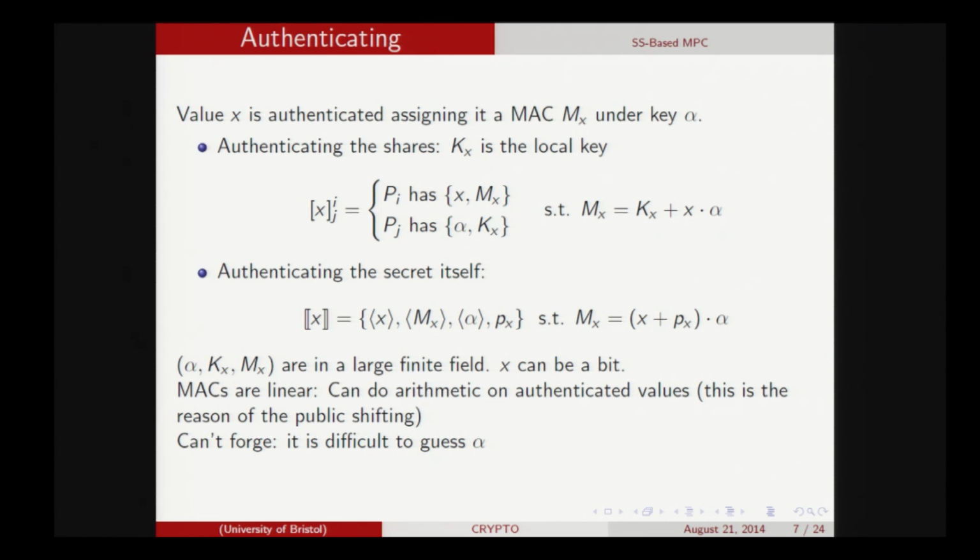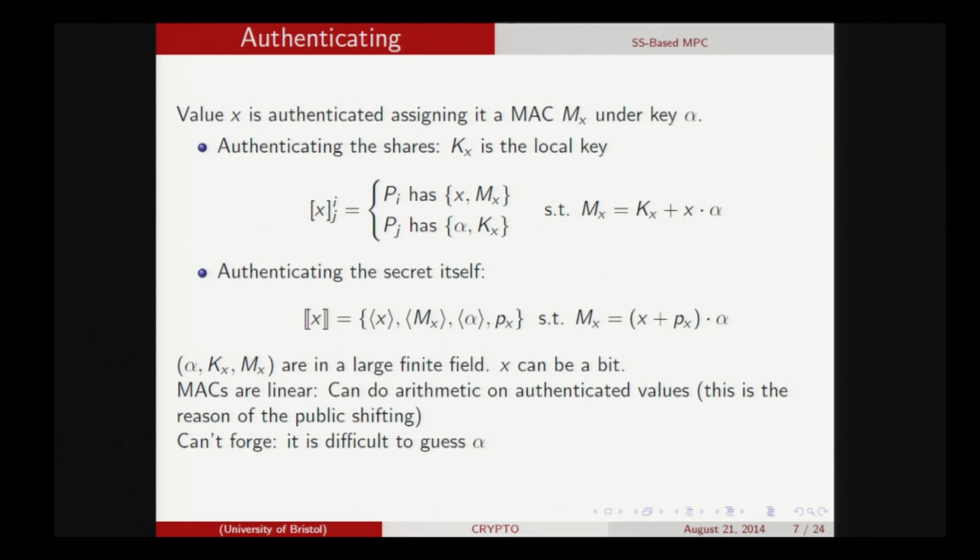And the other way to authenticate is to authenticate the secret itself. So here you put the MAC on the secret. The only difference with the previous method is that now the MACs and the keys are also additively shared in the system. This way of authenticating is also linear. And as far as security is concerned, you cannot forge values.